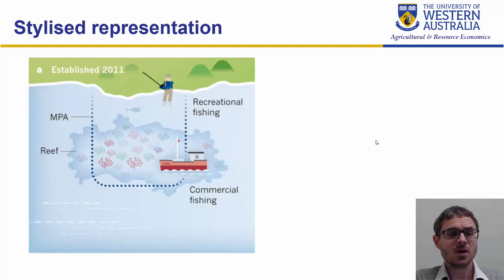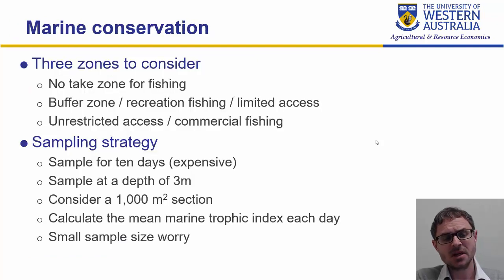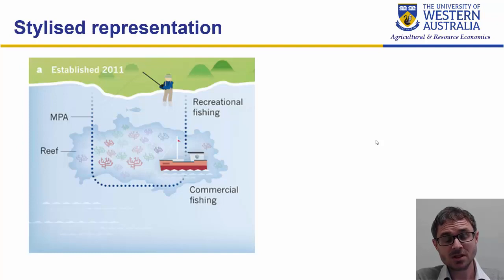And what we're doing is going out with a designed sampling strategy, at 3 meter depth, relatively large sections. We're trying to get not so much the biomass per se, but a sense of the trophic level. So the different kinds of fish we observe in each of these sampling locations, and then we're going to add them all up and find the mean.